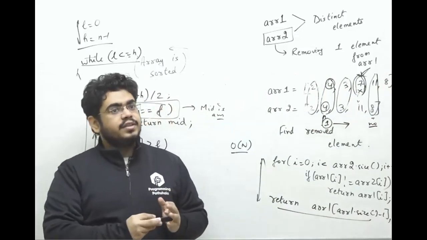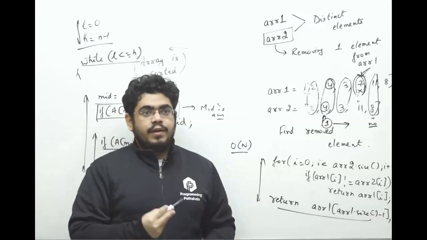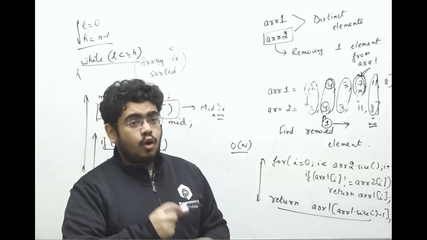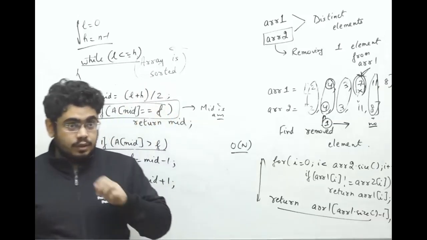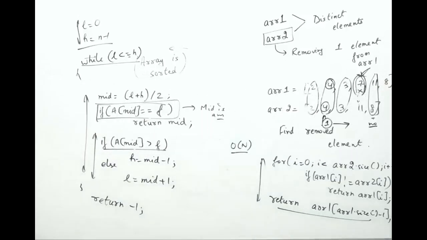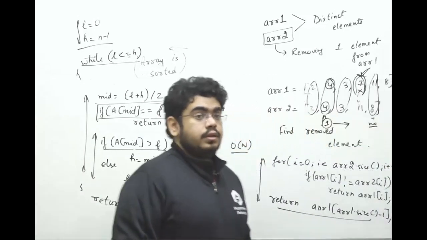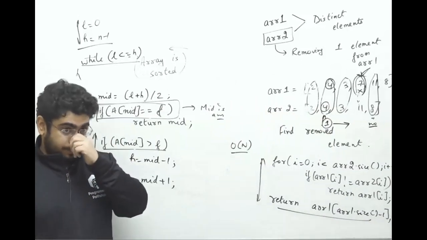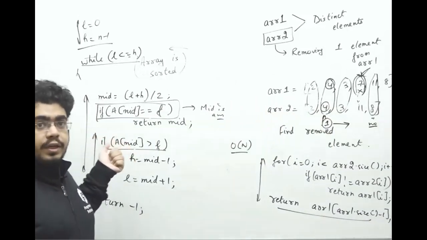What is important is a way to distinguish whether you are on the left side of the answer or on the right side of the answer. Does that make sense to everyone? Yes or no?